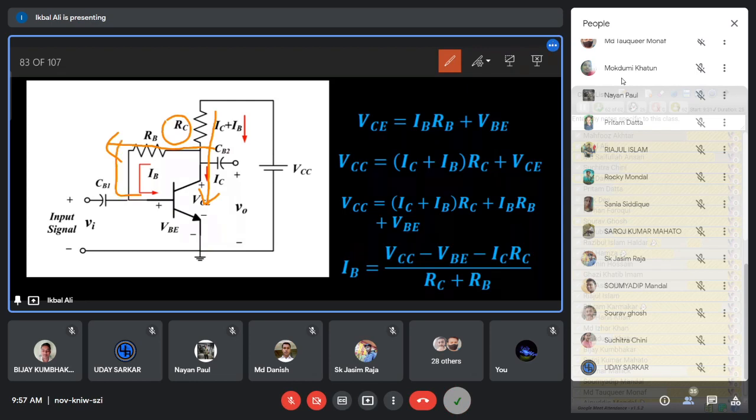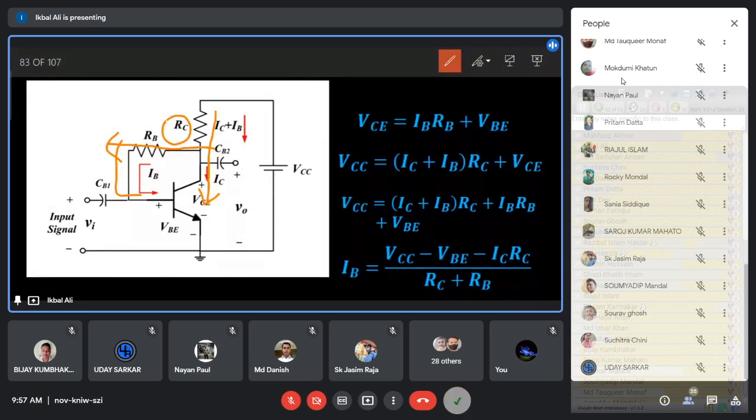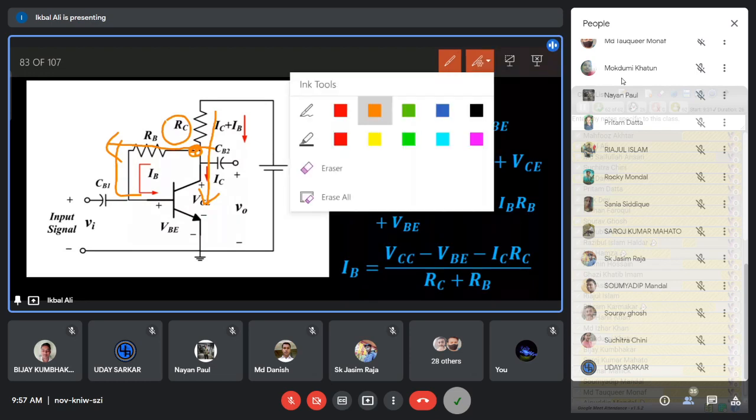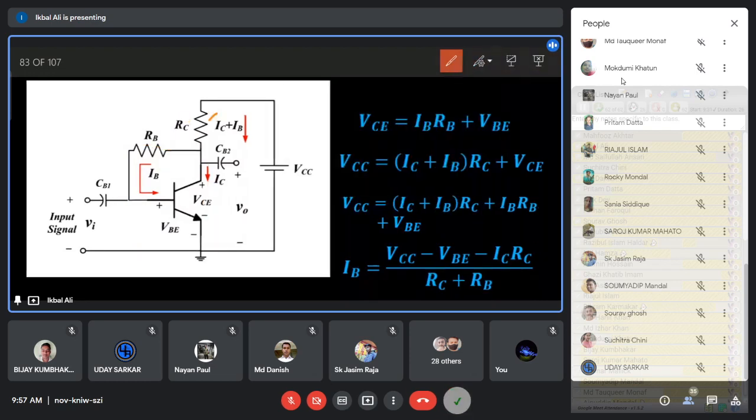In the collector point, two branches are there. One is going towards the base through the resistance RB, the other is directly going towards the collector. That is why through RC you have IC plus IB. This is the total amount of current flowing through the resistance RC.